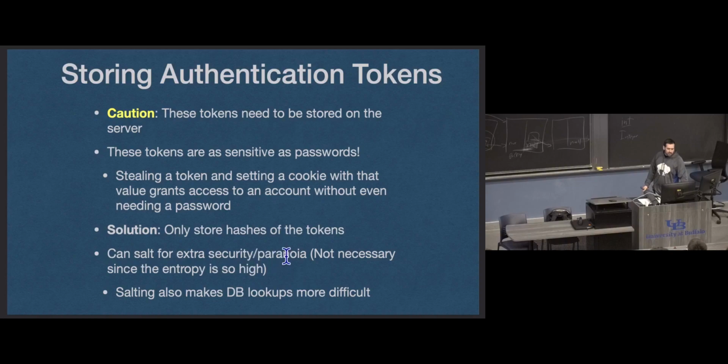If you are the paranoid variety and you want to salt your token hashes, I'm not going to stop you, but I'll give you this warning: it's a lot more painful. The database lookups are going to be a lot more painful to do. It's going to be a lot more code you have to write. And you get no perceivable security gain because your tokens already have tons of entropy. If you don't like how much entropy your token has, just generate bigger tokens. It's not that big of a deal.